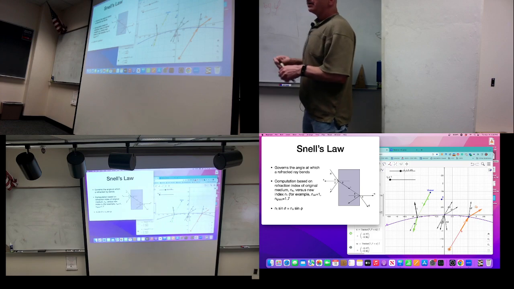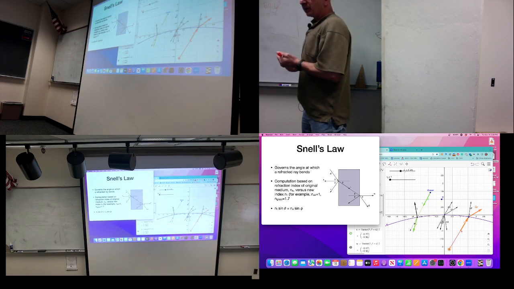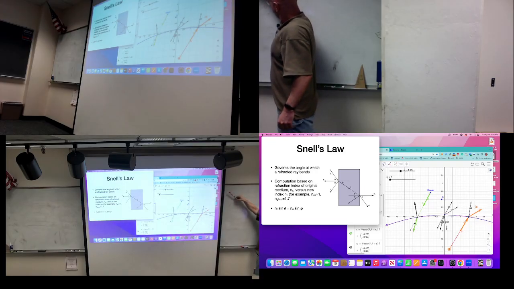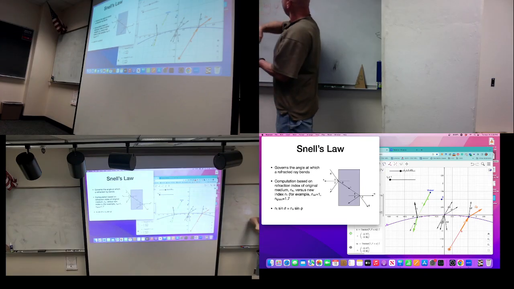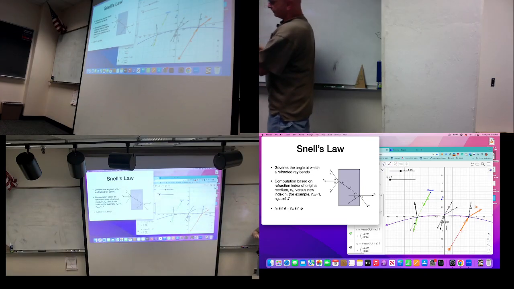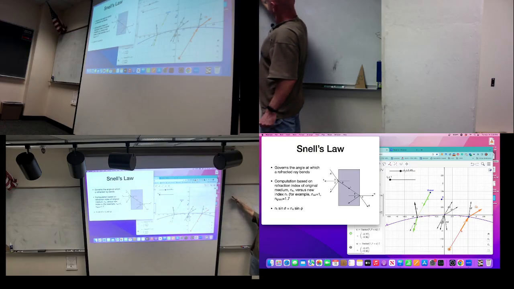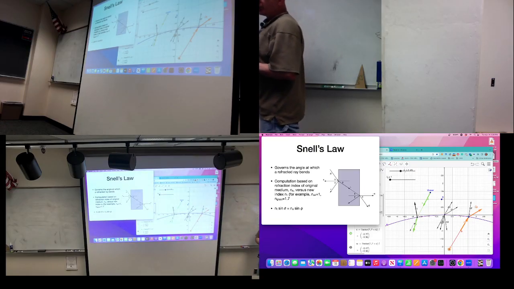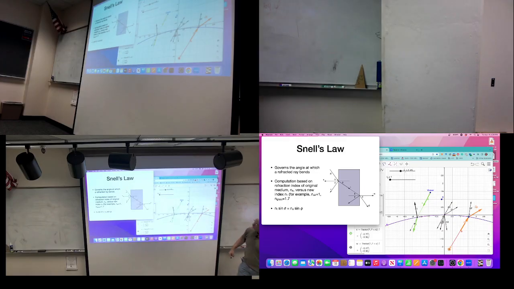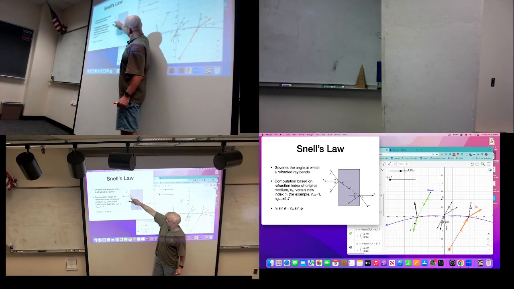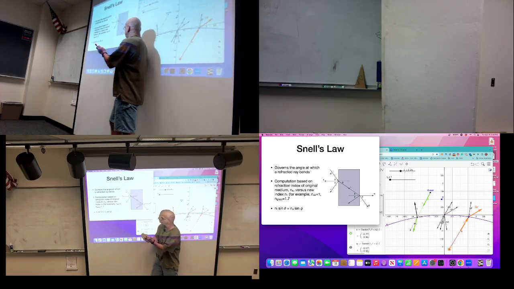Why it could be annoying? Because you might need to rotate the normal clockwise or counterclockwise, depending on whether the incoming ray is coming from the left of the normal or from the right of the normal. Right? The same thing, if my ray would have come from here, then the normal is the same.